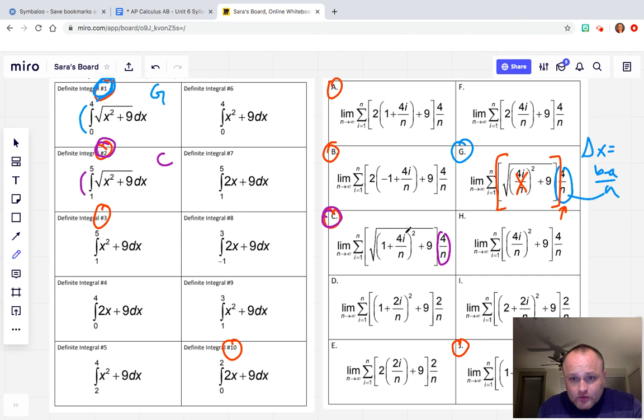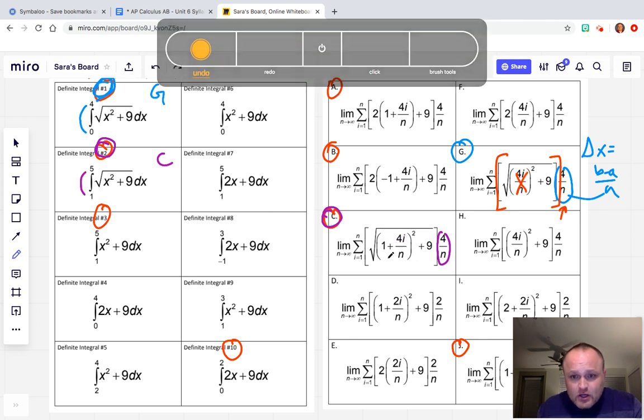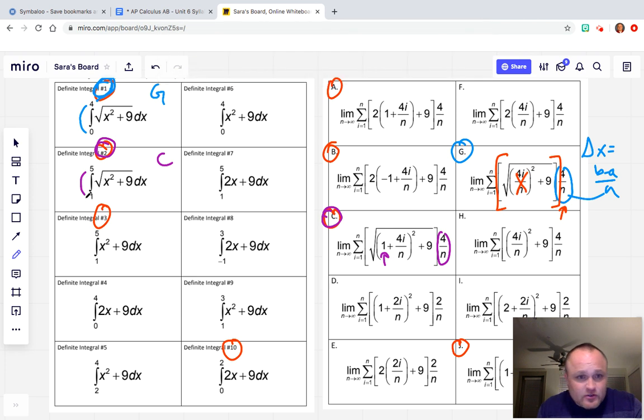So this entire thing can be seen as x squared plus 9, which is what we have. Remember, this 1 just tells you that it's going to start at 1. So it wouldn't be 0 to 4, which would still have a jump of 4. It would start at 1. This is that b plus mx feel to it, showing you that it will start at 1 as its lower limit of integration.